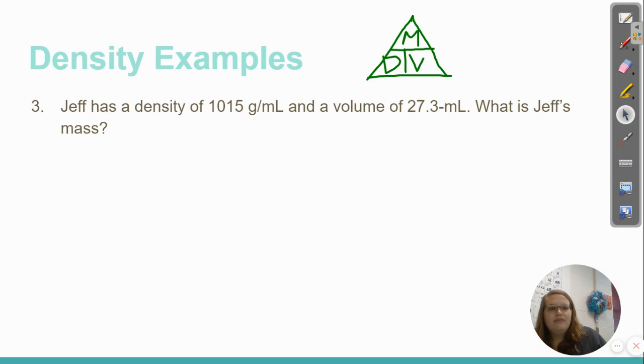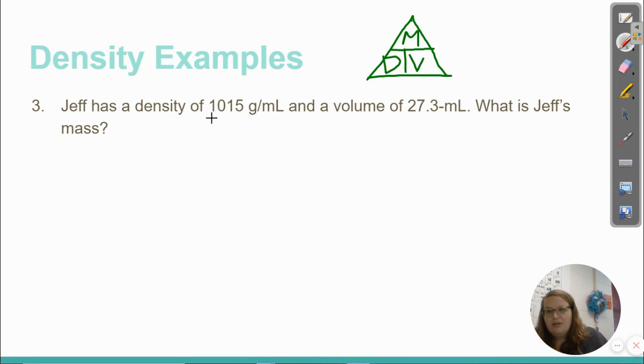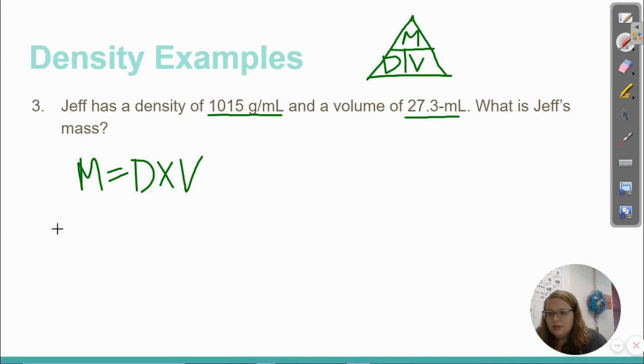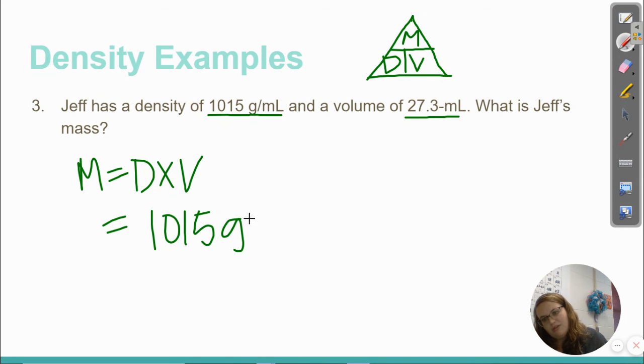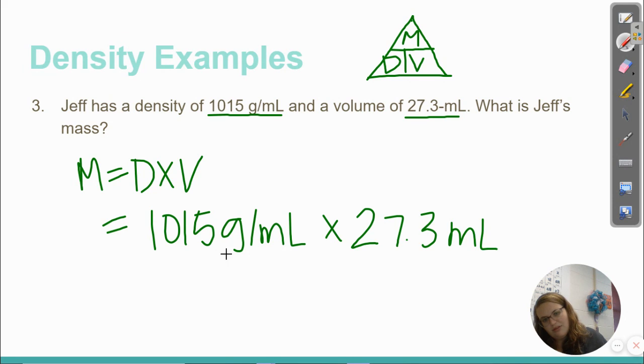Okay, it says Jeff has a density of 1,015 grams per milliliter and a volume of 27.3 milliliters. What is Jeff's mass? So if I'm solving for mass, I'm going to do density times volume. So that means I'm going to do 1,015 grams per milliliter times 27.3 milliliters.